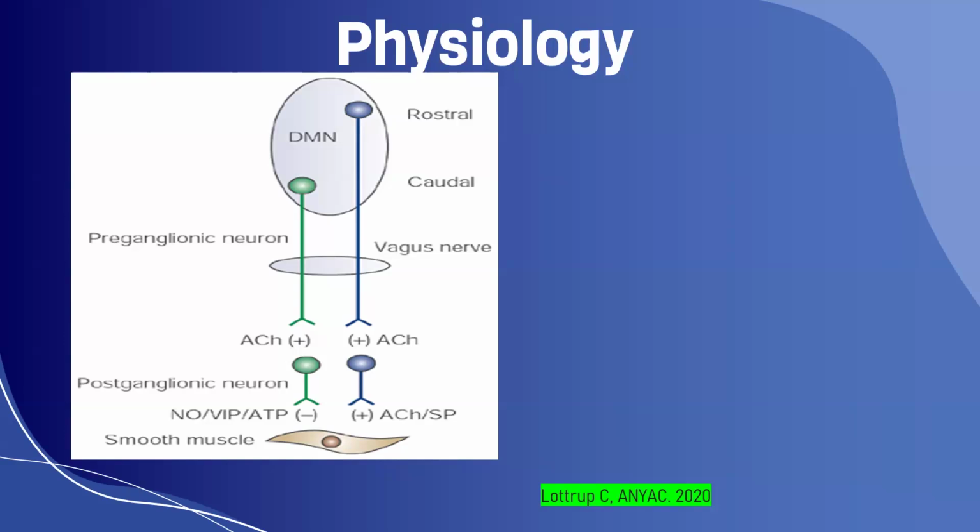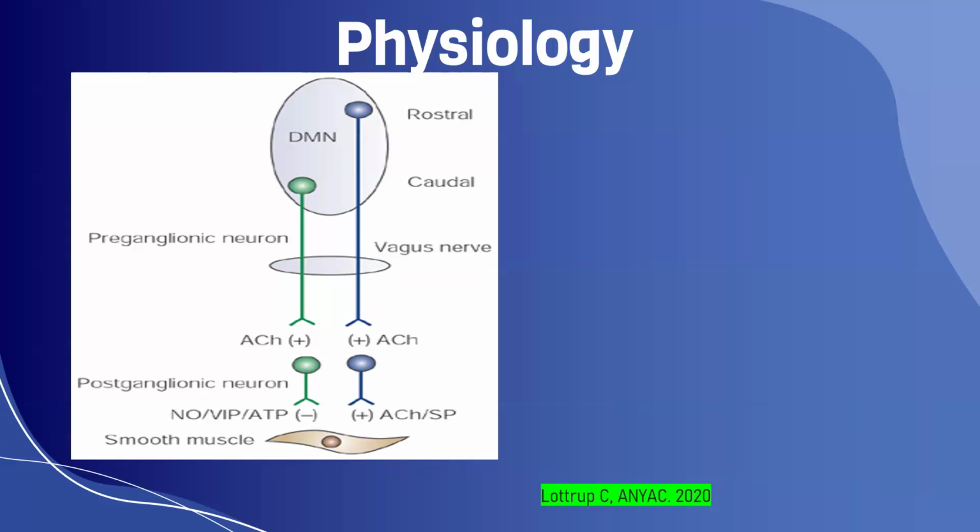These are nitrergic neurons, and the excitatory and inhibitory motor myenteric neurons are innervated by separate sets of preganglionic vagal fibers. The inhibitory vagal pathway originates from neurons located in the caudal region of the dorsal motor nucleus, and these preganglionic neurons are cholinergic in nature and synapse on the postganglionic nitrergic inhibitory neurons in the myenteric plexus.